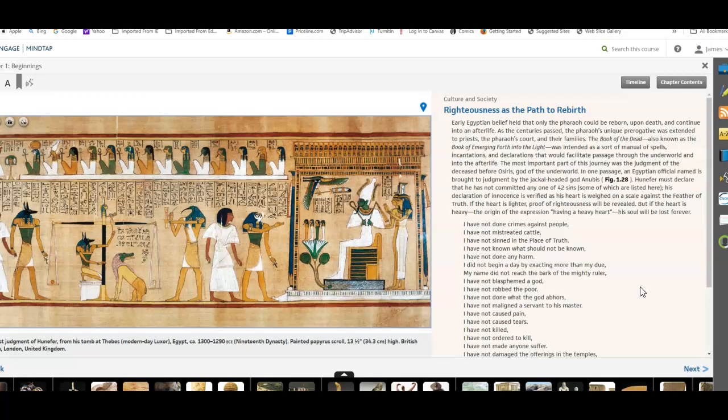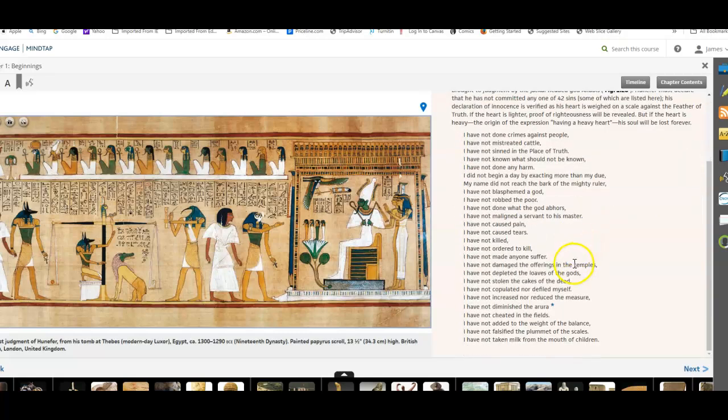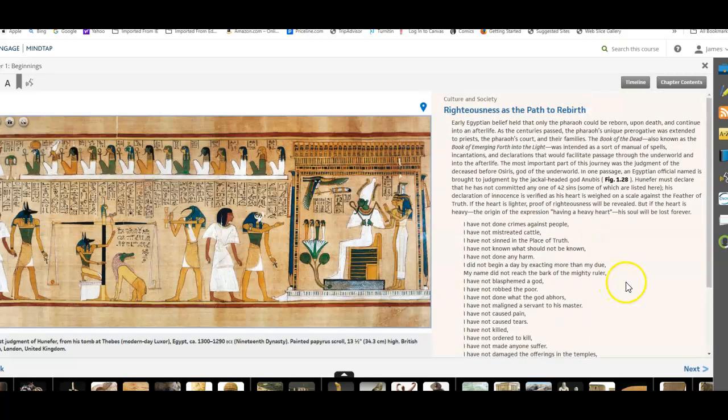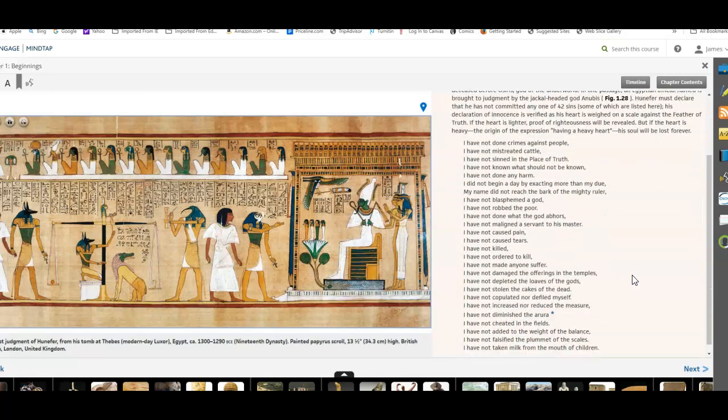Literally, that's how it worked. So the feather of truth would be put on the scale, so you hopefully have a heart as light as a feather or lighter. But if you have a heavy heart, which means you have in some way committed the sins here, which are listed for you, and you have lied about them to Osiris, then your soul will be lost.